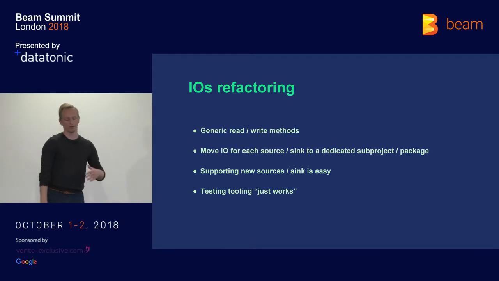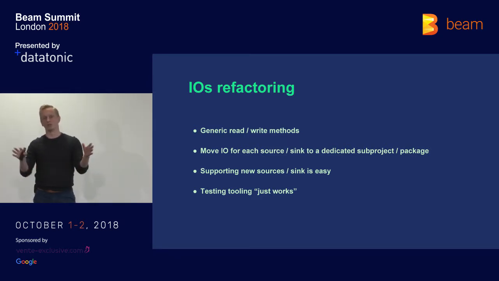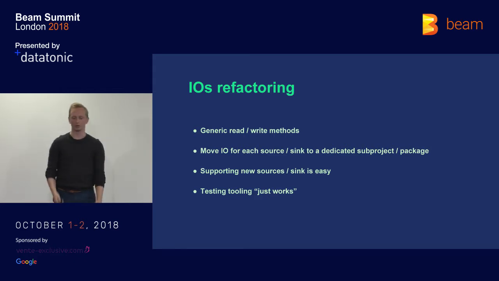And if you do that, you get test support out of the box. Before that, you had to do the proper thing so that tests would work with your IOs. Now it's way easier. Each IO is in its own sub-project, so you don't have to import BigQuery if you don't use it. And yeah, we can add sources and things.